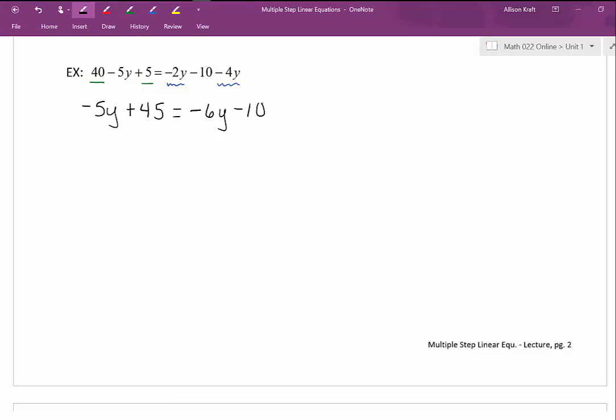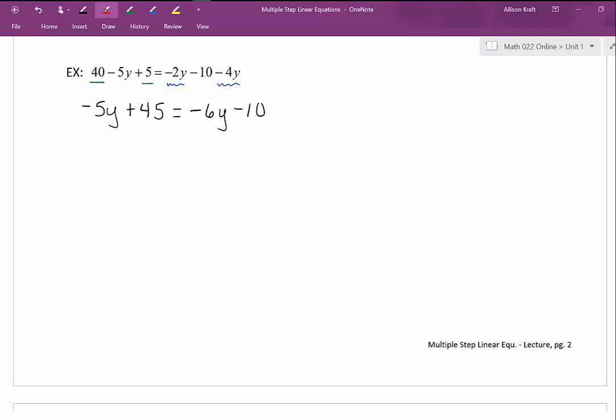We can choose whether we want to have our variable terms collected on the left side or the right side. It's your choice. I like to move the variable term that has the smallest coefficient. Negative 6 is a smaller number than negative 5, so I would recommend moving the minus 6y.